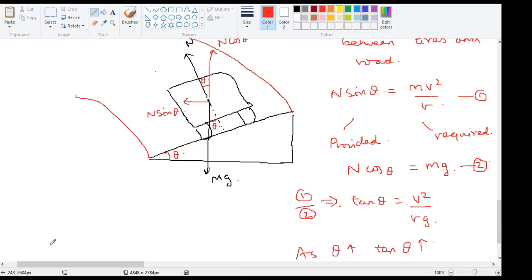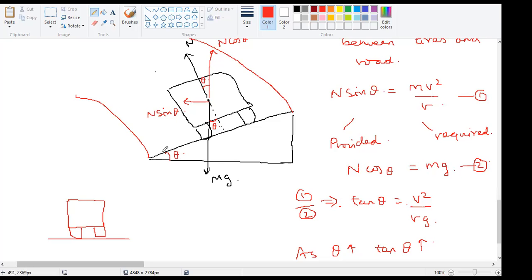How come when the road is like this, the n sine theta did not appear, but now there is n sine theta? Why? Anybody? An angle is formed. What angle? Theta, with the flat road.